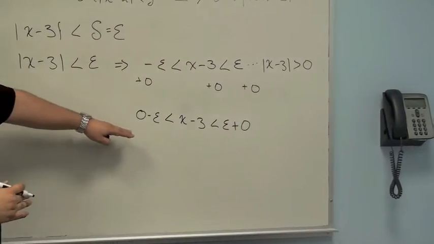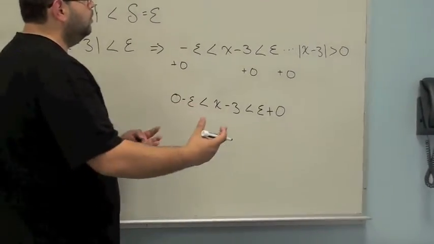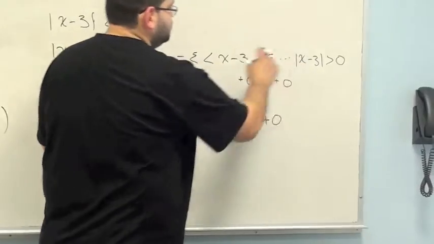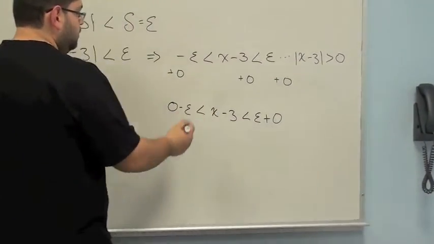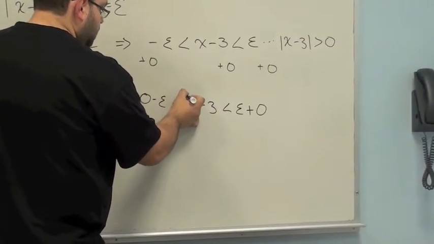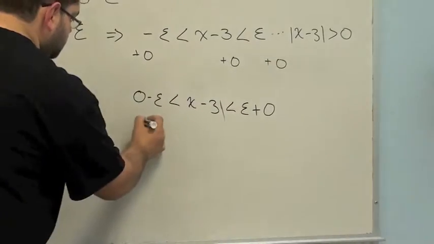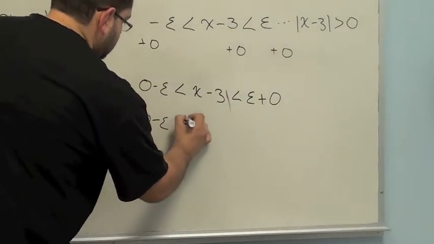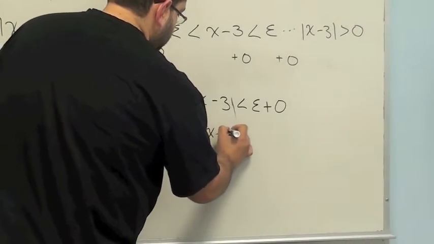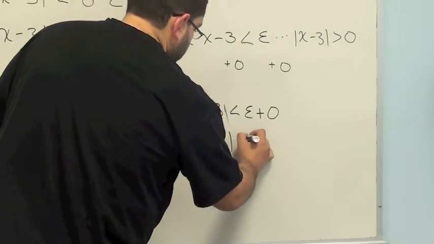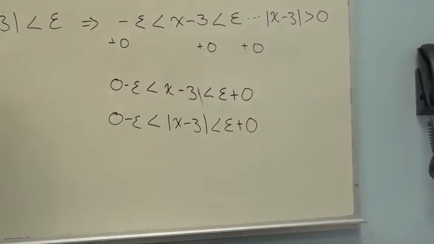Now, we know that the absolute value of x minus 3 is greater than 0, so we can say that 0 minus epsilon is less than the absolute value of x minus 3, less than epsilon plus 0.